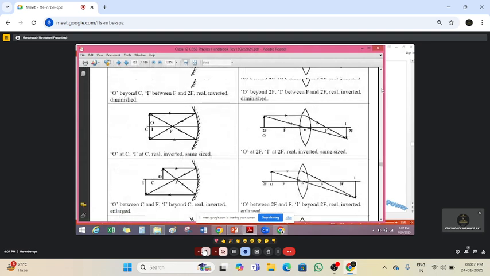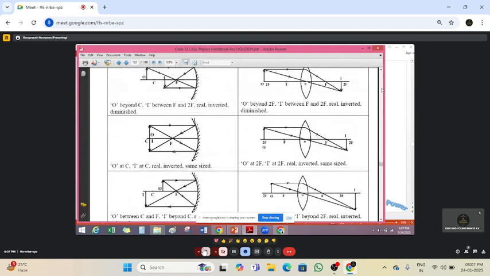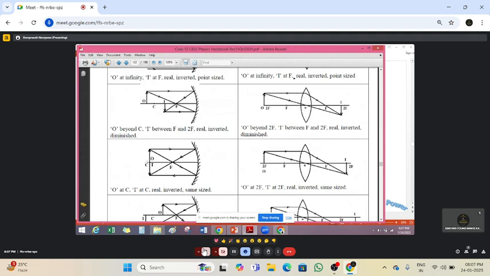So concave mirror. If we place the object at the center, it will come back to the same point, inverted. So it will go like this and then come back here. So only at 2f this will happen, if it's coming from this point.